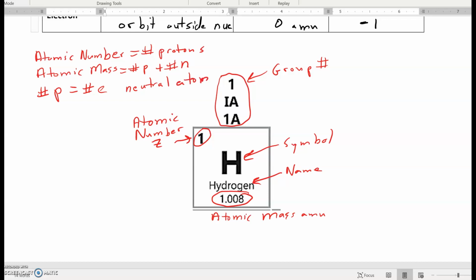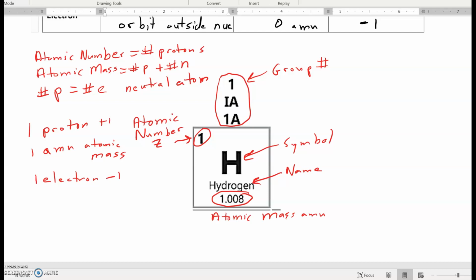So we know that the atomic number for hydrogen is 1, so it has 1 proton. We know its atomic mass is 1. We know it has 1 electron, because if there's 1 proton, this is +1.